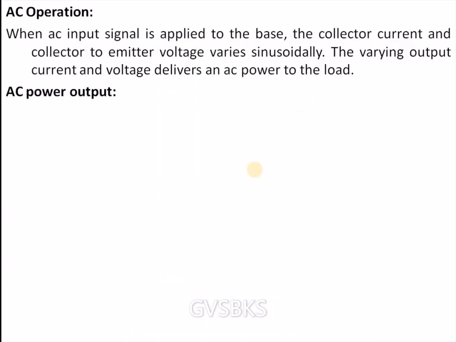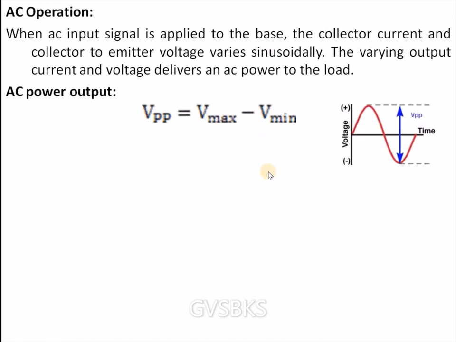Let us see the AC operation. If we apply an AC signal to the base of the transistor, then the output voltage and output current will vary sinusoidally. So it will generate an AC output current which flows through the load. In order to calculate the efficiency, we have to calculate the AC power delivered to the load.